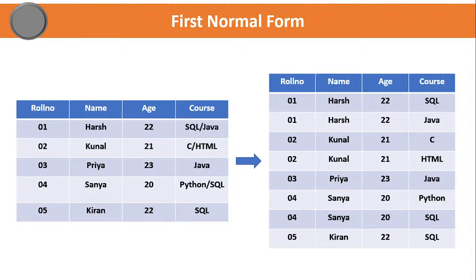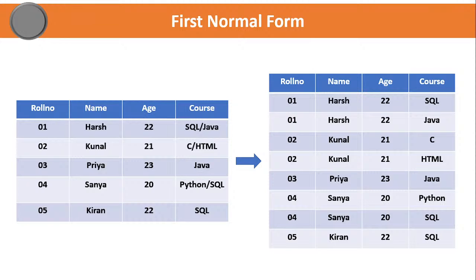Now if you apply the first normal form to the above table, you get the below table as a result. If you look at the second table, we have basically divided the record into 2 parts. That is, Harsh, whose roll number is 1, who has enrolled in courses SQL and Java, which we are dividing into 2 records separately. That is, Harsh 22 SQL and similarly Harsh 22 Java.